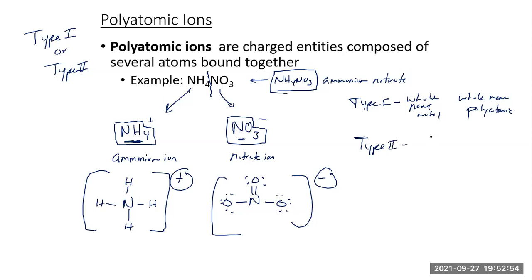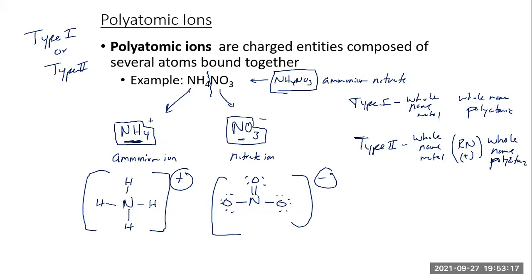We use the whole name of the metal, and just like we did with type 2, we will need a Roman numeral for the positive charge on the metal. And then we just use the whole name of the polyatomic ion.